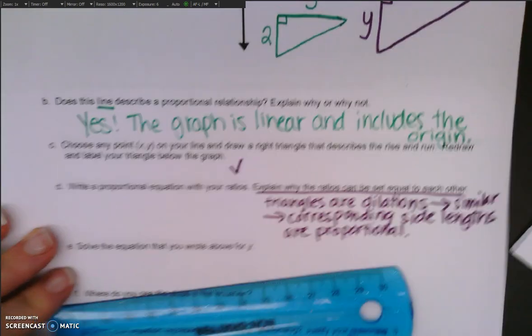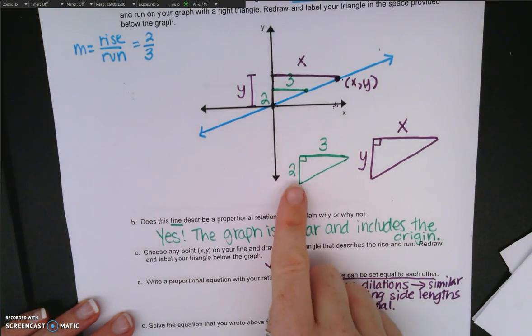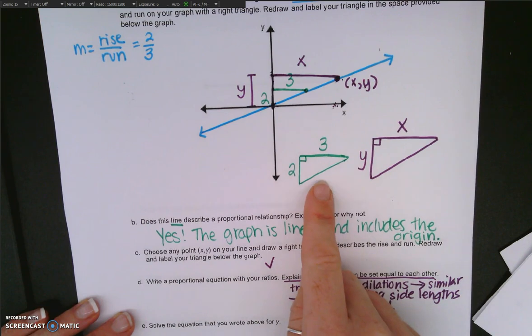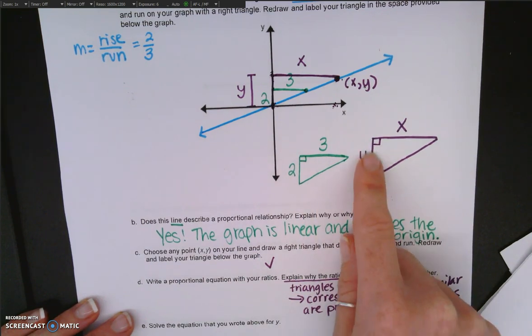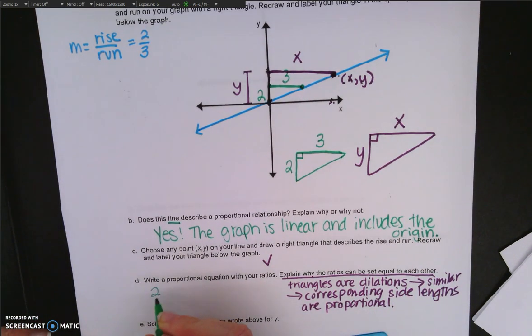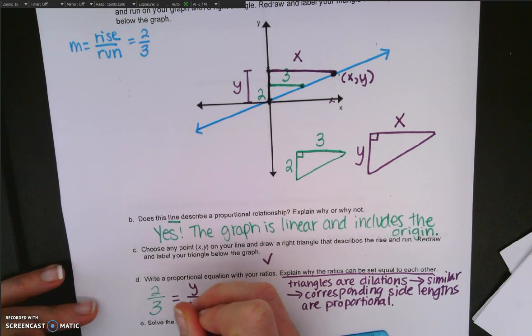Remember, because these triangles represent slope, rise over run, we can have the rise and the run of our one triangle equal to the rise and the run of our similar triangle. So that means 2 is to 3 as y is to x.